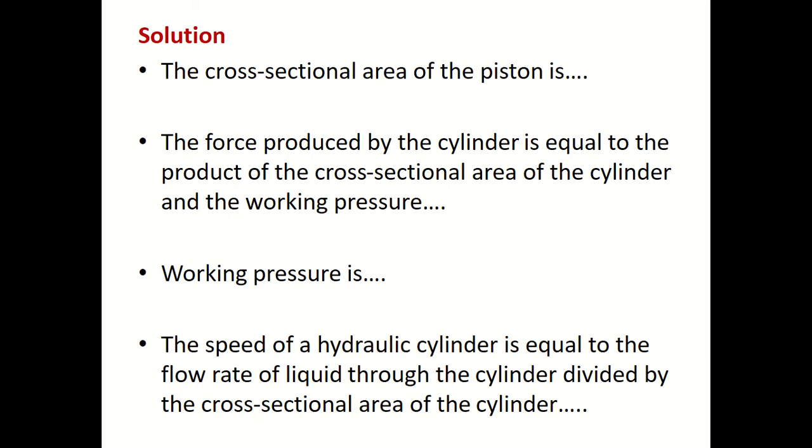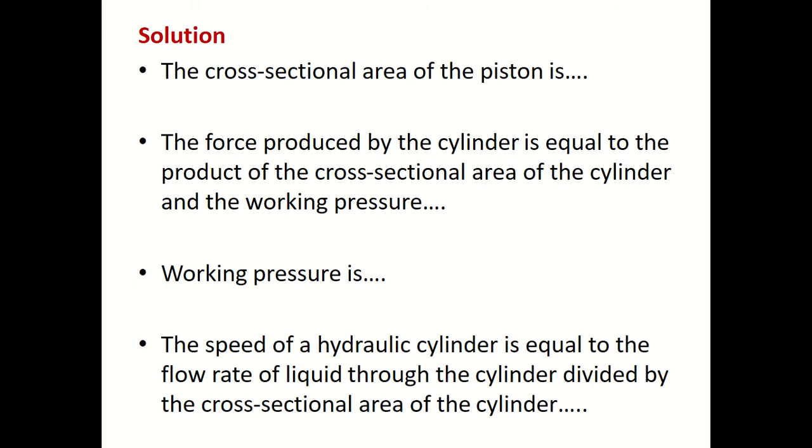Now the speed of the hydraulic cylinder is equal to the flow rate of liquid through the cylinder divided by the cross-sectional area. Q is equal to A v, so v is equal to Q by A. What is Q here? How to find Q?